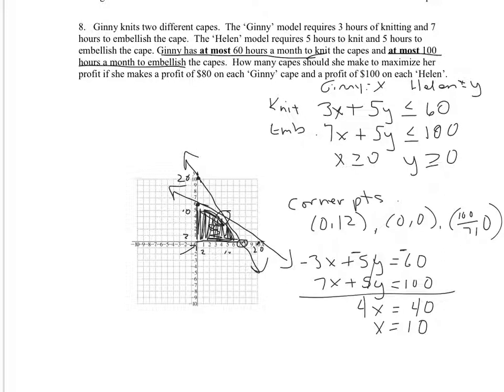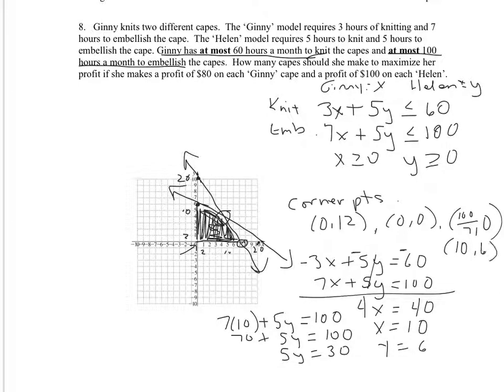And if we plugged back in to one of these equations, let's say we had 7 times 10 plus 5y equals 100. So 70 plus 5y equals 100. If I subtract 70 from both sides, 5y would equal 30, and y would equal 6. So that gave us the ordered pair (10, 6).